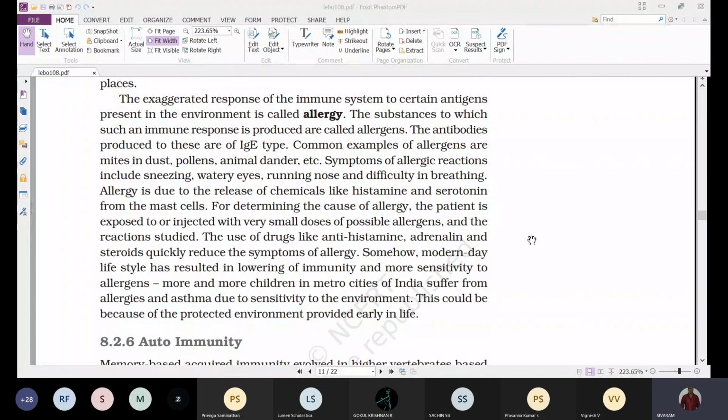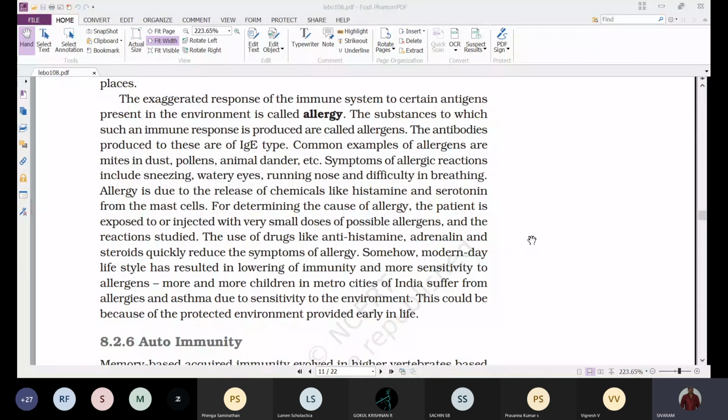In the same manner, in metro cities, because of pollution, a large number of chemicals are released. Because of this also, the immunity is at lower levels because of continuous exposure to certain chemicals, and they will become more sensitive.